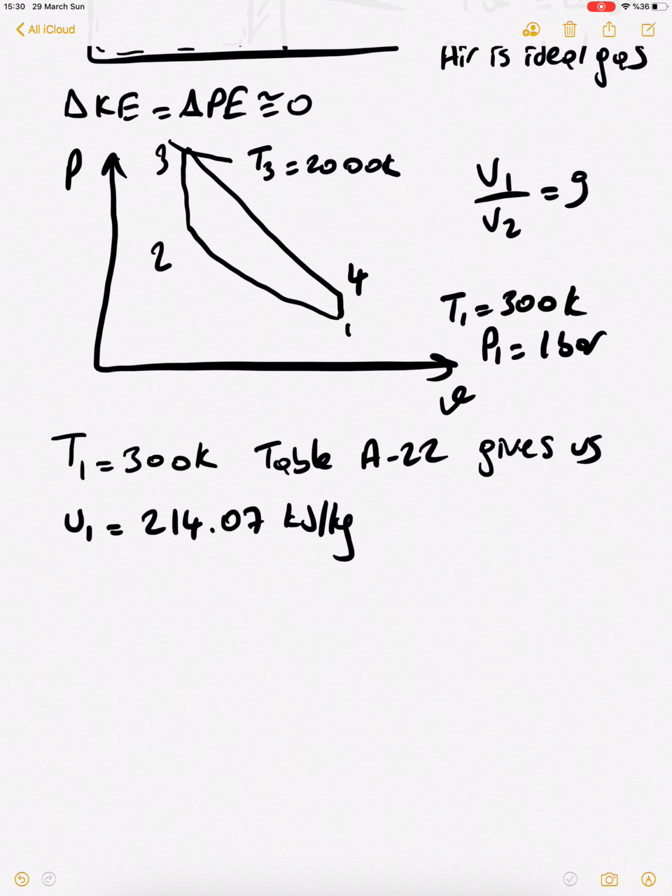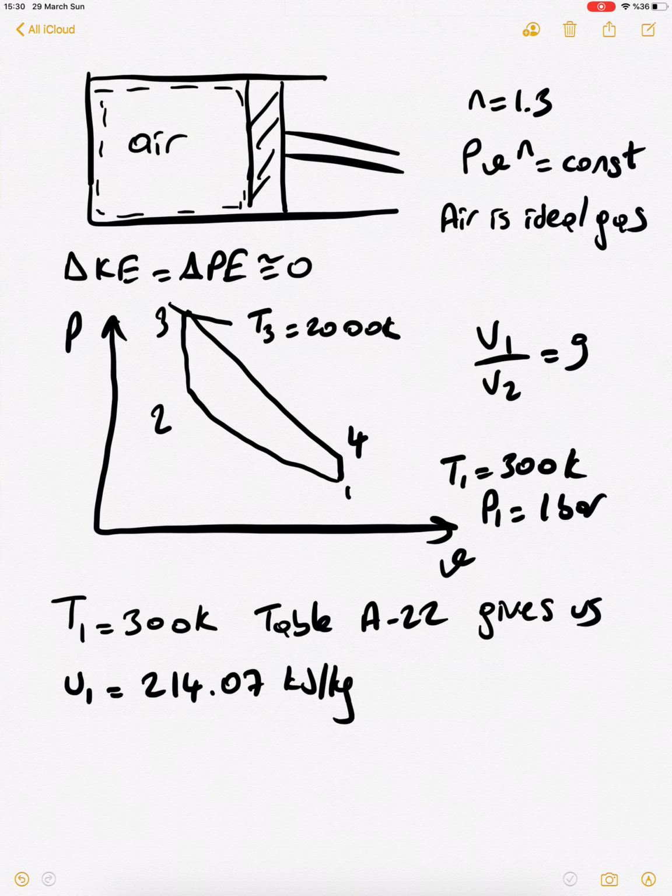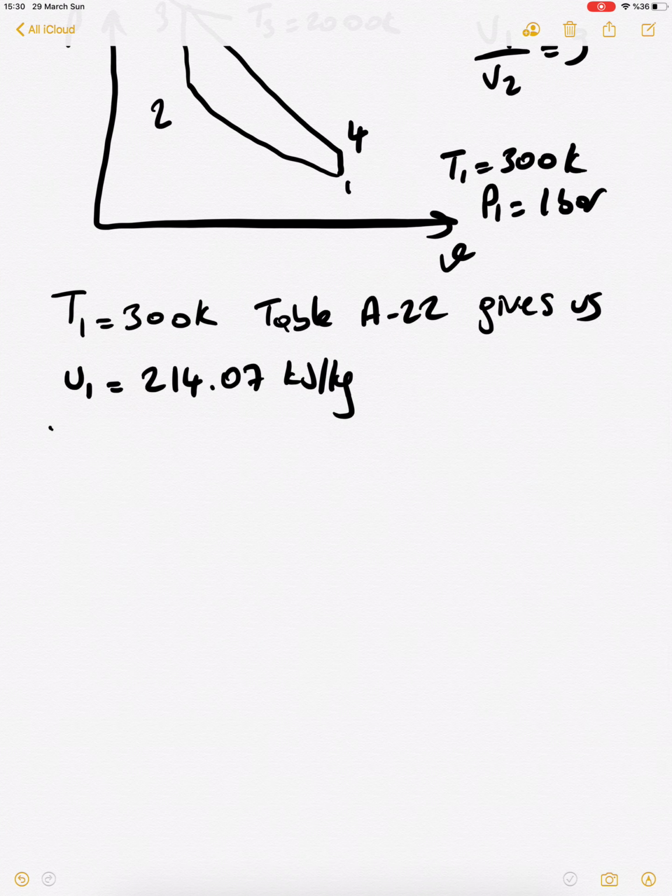From here we can use polytropic compression, where T2 is equal to T1 multiplied by V1 over V2 to the power n minus 1.